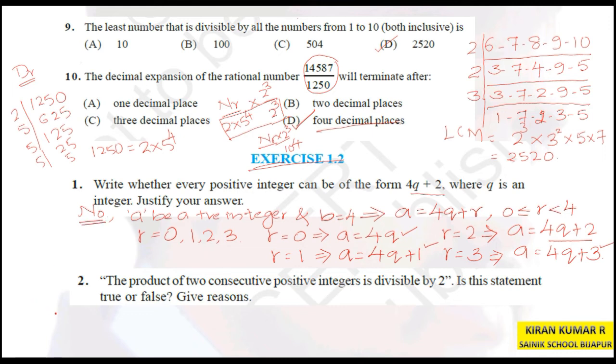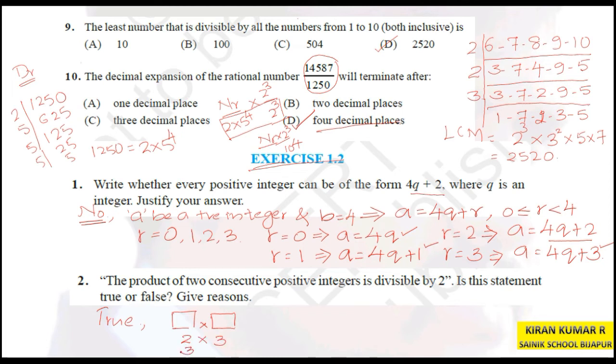Look at the second one. Product of two consecutive positive integers is divisible by 2. Is this statement true or false? This statement is true. The reason is, here the product of two consecutive positive integers, if you consider it as 2, the next integer is 3.